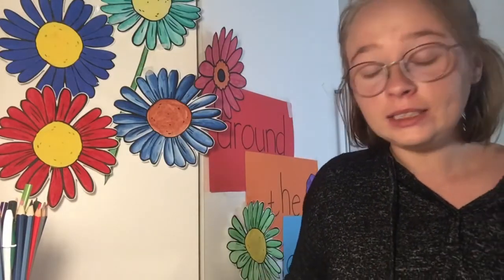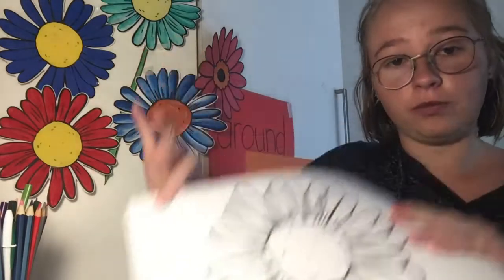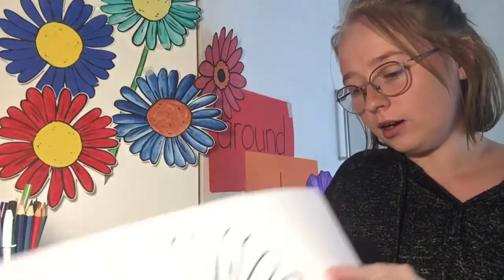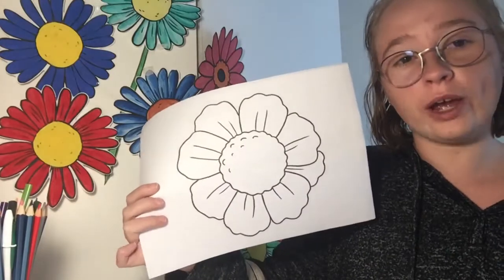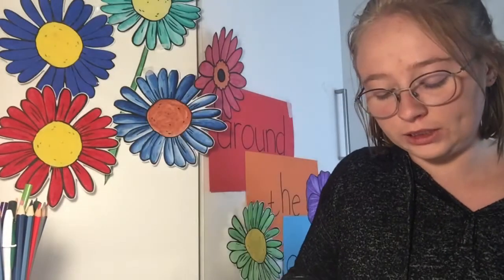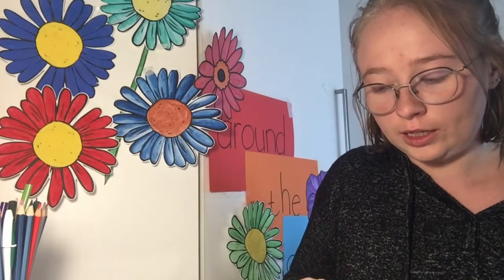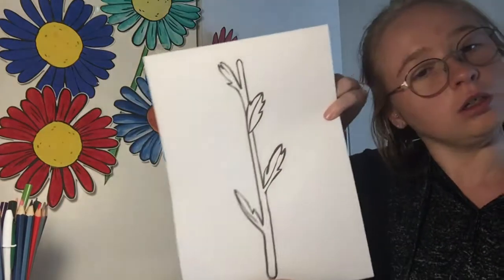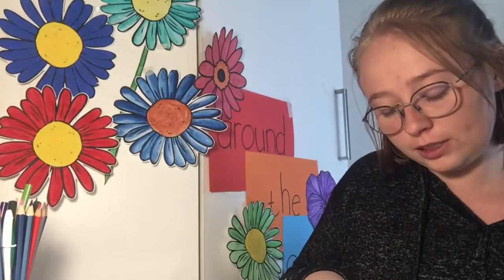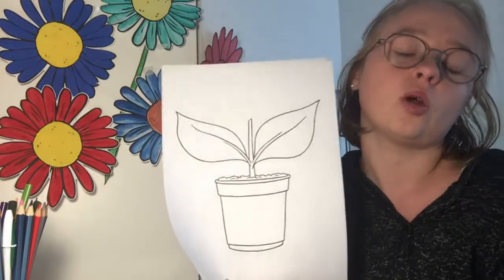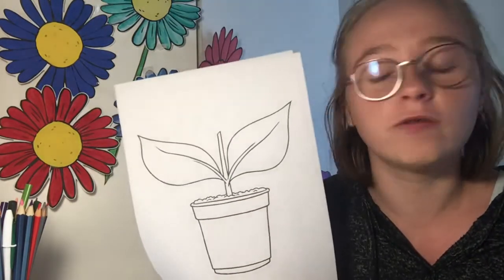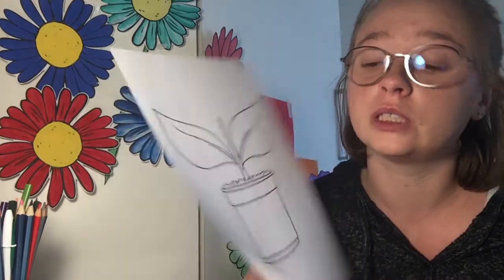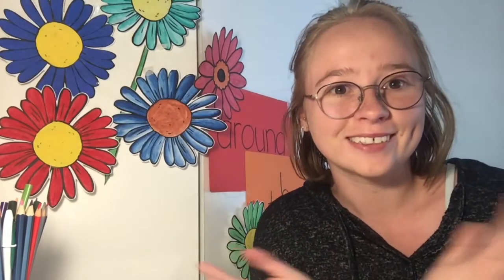And we are going to paint some flowers. You can paint any flowers you have from the pack that was given to you. But these are the ones I'm using. I'm also using this stem, this flower stem, and this flower pot with the flower stem and leaves. So let's get started.